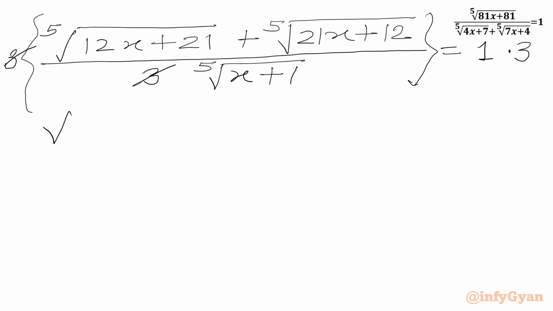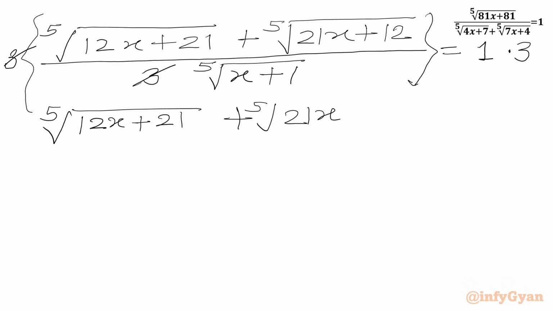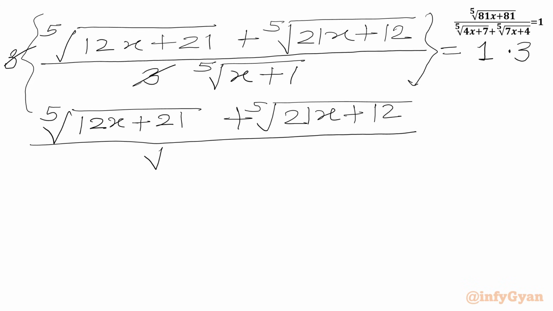And we will write fifth root of 12x plus 21 plus fifth root of 21x plus 12 over fifth root of x plus 1 equal to 3. Now we will split our numerator with respect to denominator.